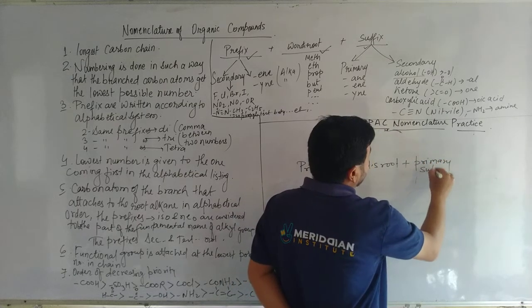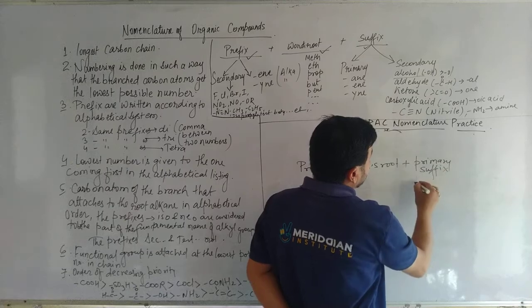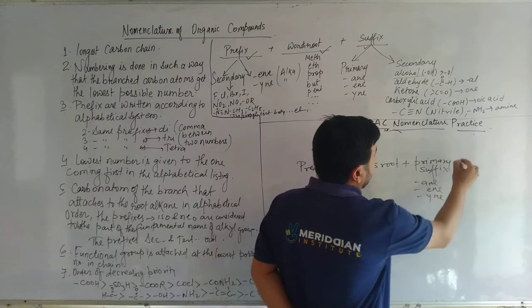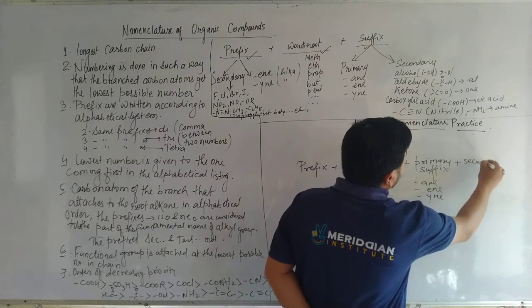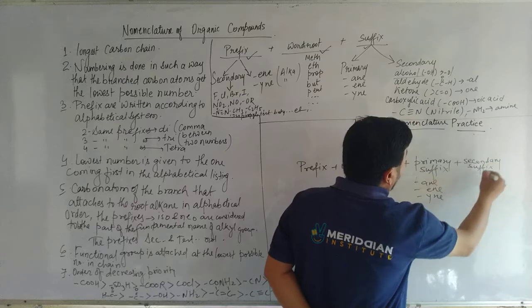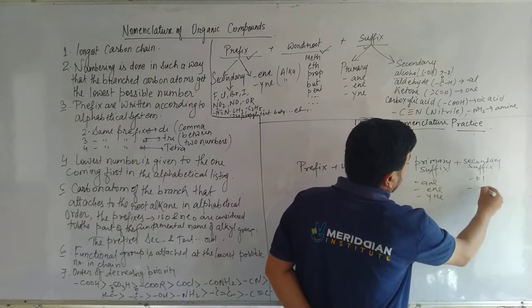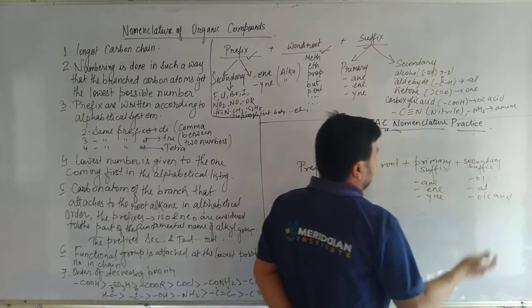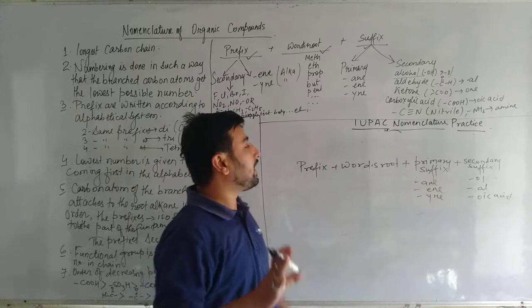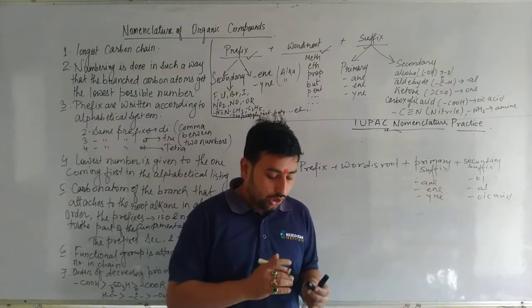Primary suffix means single bond ane, double bond ene, triple bond yne, and then you should write the secondary suffix if it is given. Alcohol, then you will write ol. If aldehyde, al. If carboxylic acid, oic acid. If any other functional group, you have to write the suffix of that functional group. So this is the main thing in IUPAC nomenclature.